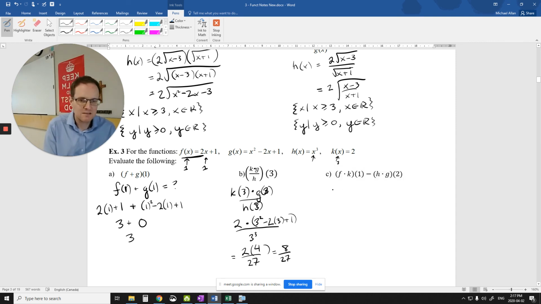Okay, so that's pretty much all you're going to do. For this one here, you're going to multiply f of 1 times k of 1, then subtract h of 2 times g of 2. You can isolate each one of these. We already know f of 1 is 3, we did the math on that one before, 2 plus 1. I'm going to times it by k of 1, which we already know is 2 because it's a constant function. h is x cubed, so this would be 2 cubed, which will eventually turn into an 8, but I'll put that there for now.